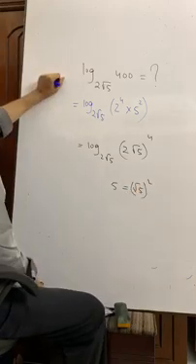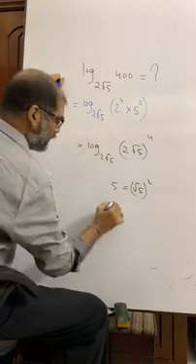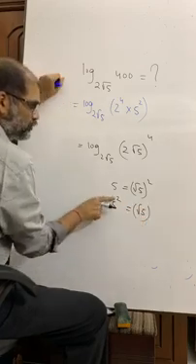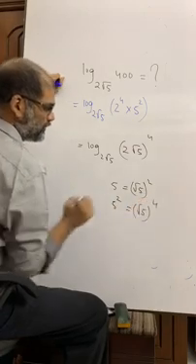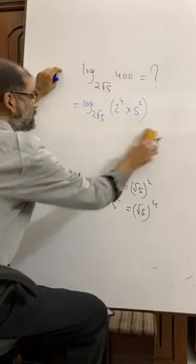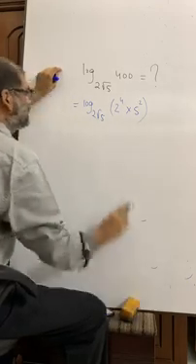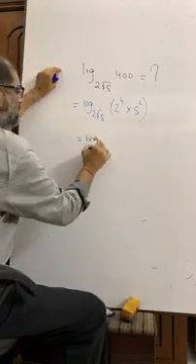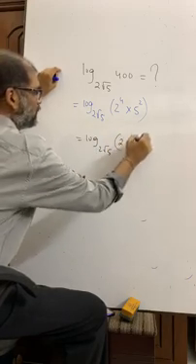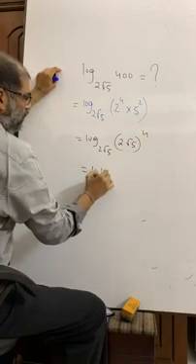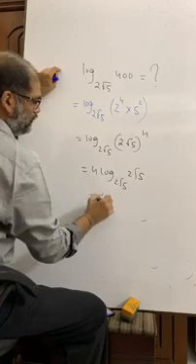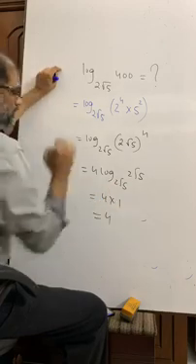Then 2 square will be 4, 2 to the 4. Okay? Very good. That means log base 2 root 5 of 2 root 5 whole to the power 4. So 4 log base 2 root 5 of 2 root 5 equals to 4 into 1, that is 4.